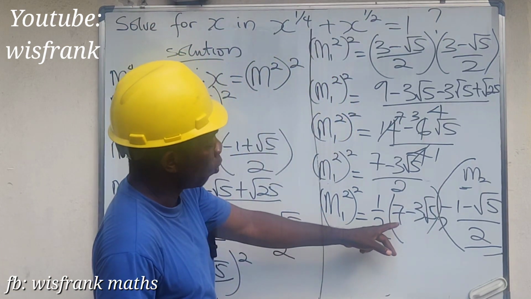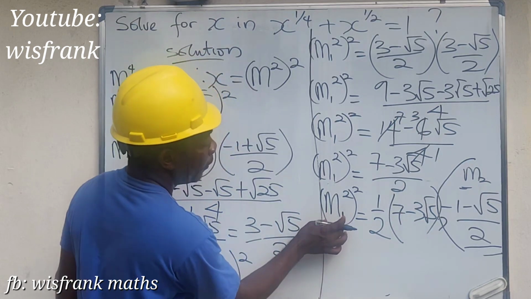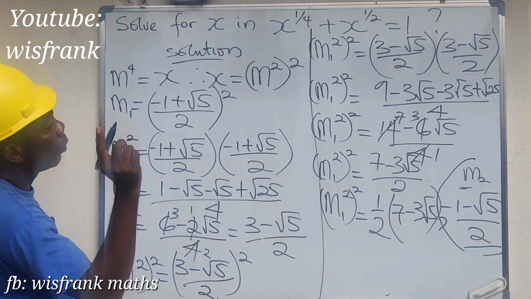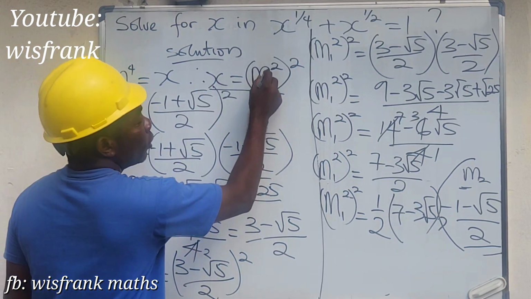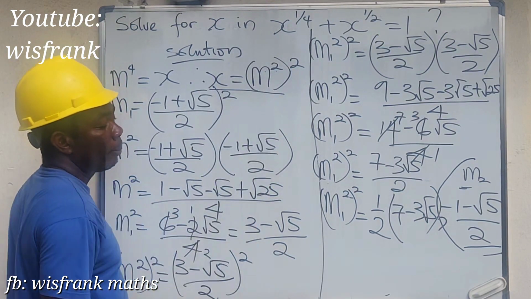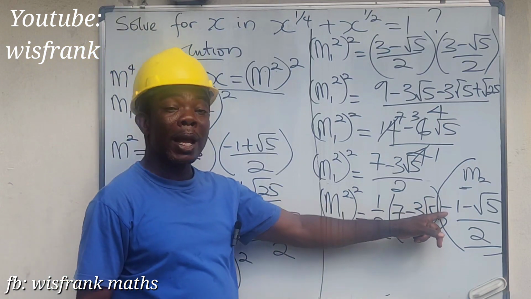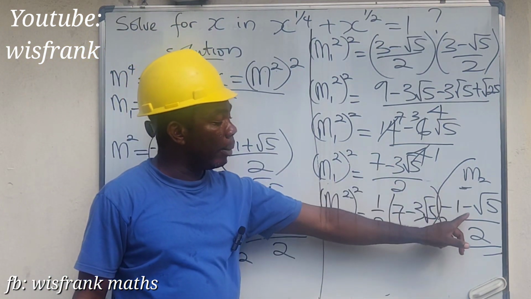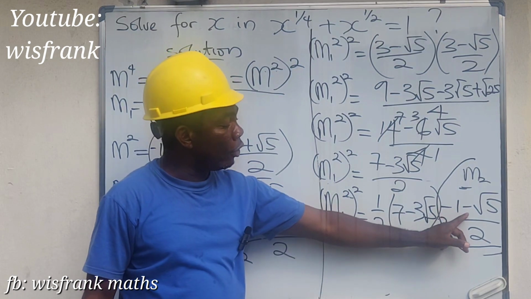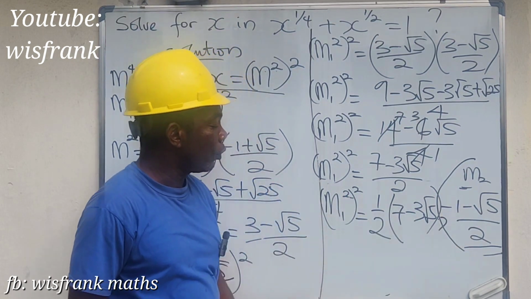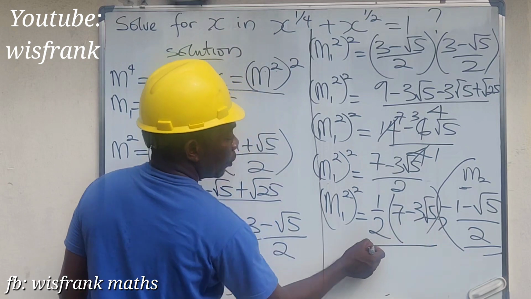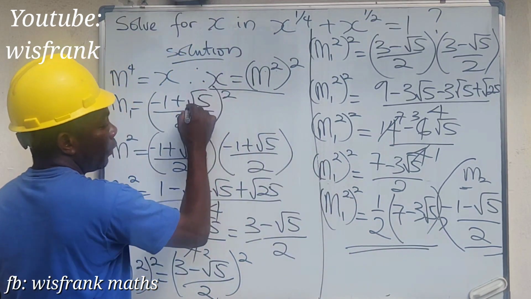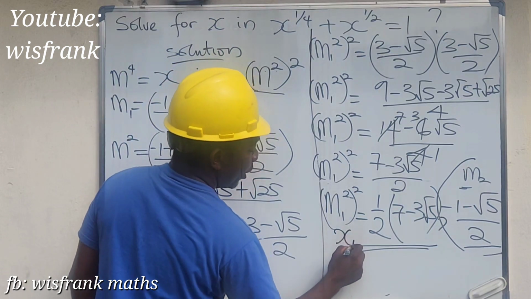This is what we can write for m1 squared, where we were told that x equals m squared, because for the value of m we had 2 solutions. The first one is what we are working on, and the second m is minus 1 minus root 5 all over 2. So this is the first solution for m1 squared, which is for x1.